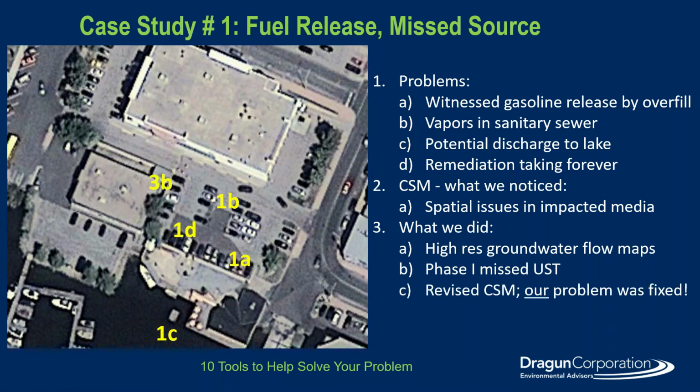We revised our CSM and the problem was fixed. The regulators agreed with our conceptual site model, and as a result, no further action was required. So a remediation that was going on and on and on really wasn't our client's problem.